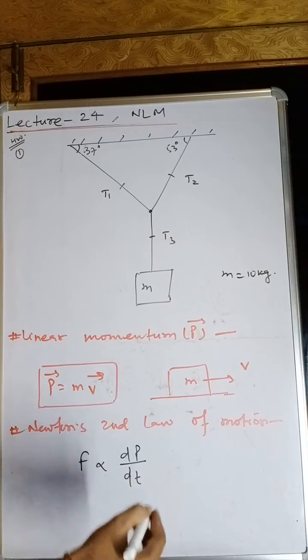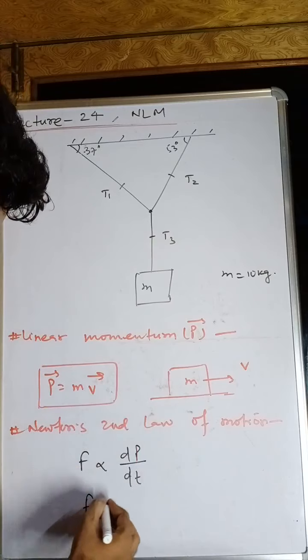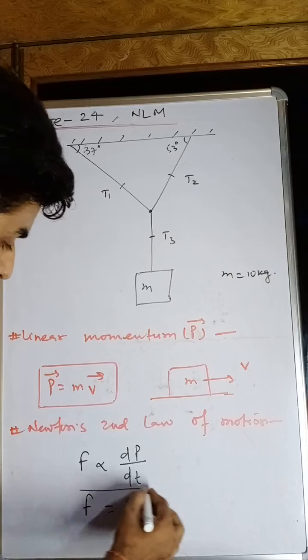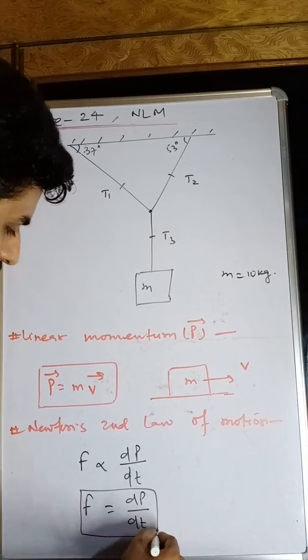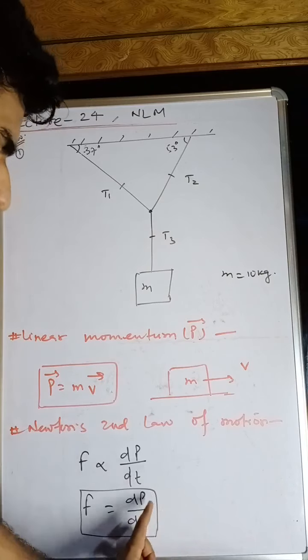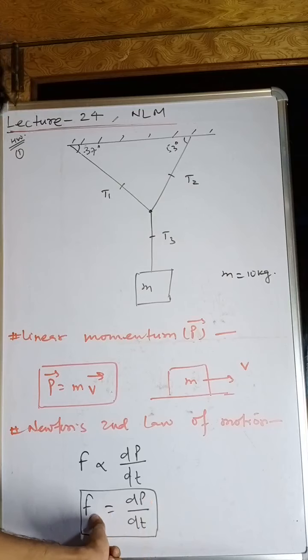In SI unit, according to the experiment, this constant will be 1 and it is dP over dt. Alright, it is dP over dt. So remember, if the momentum is decided by the direction of velocity, then you can find the direction of force as well.